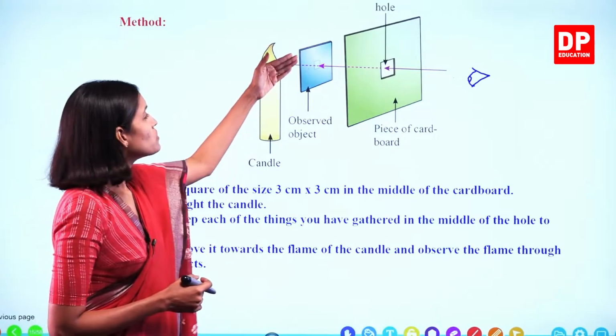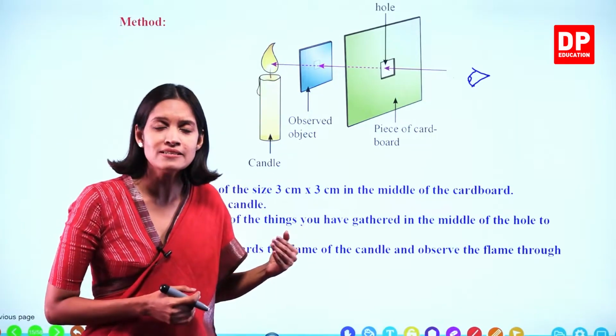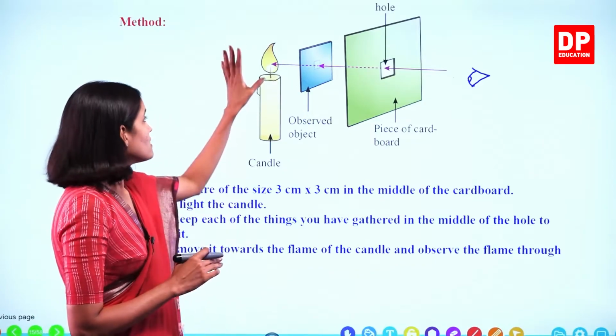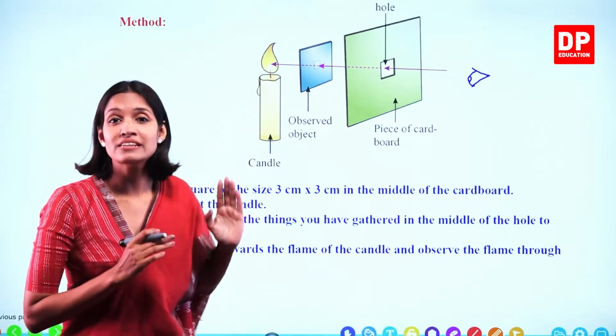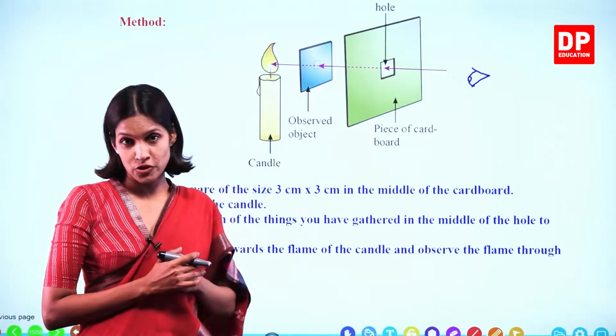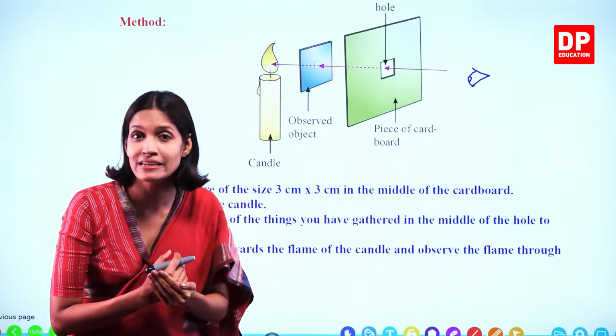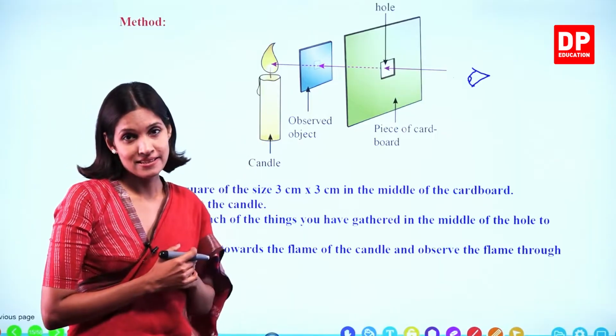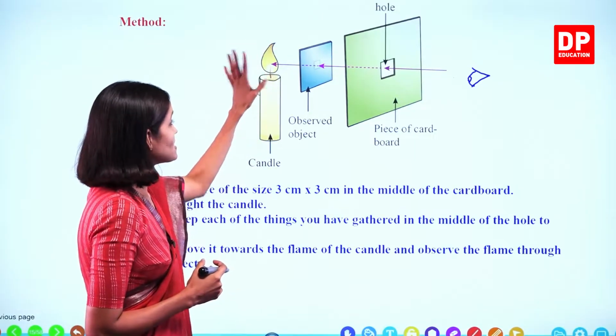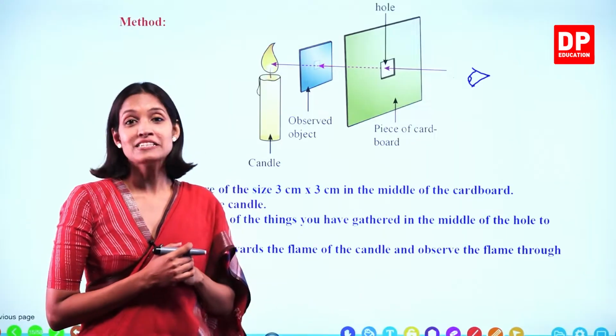Do you remember through some materials we could see the candle flame and the light very clearly as it was before? For example, thin sheet of glass, you remember clearly there was no difference, right? Like before we could see the candle flame and light clearly.